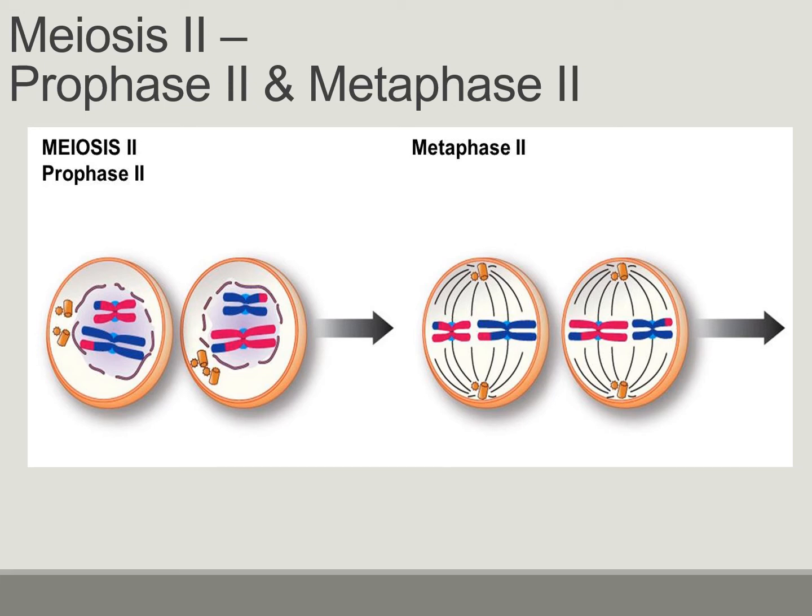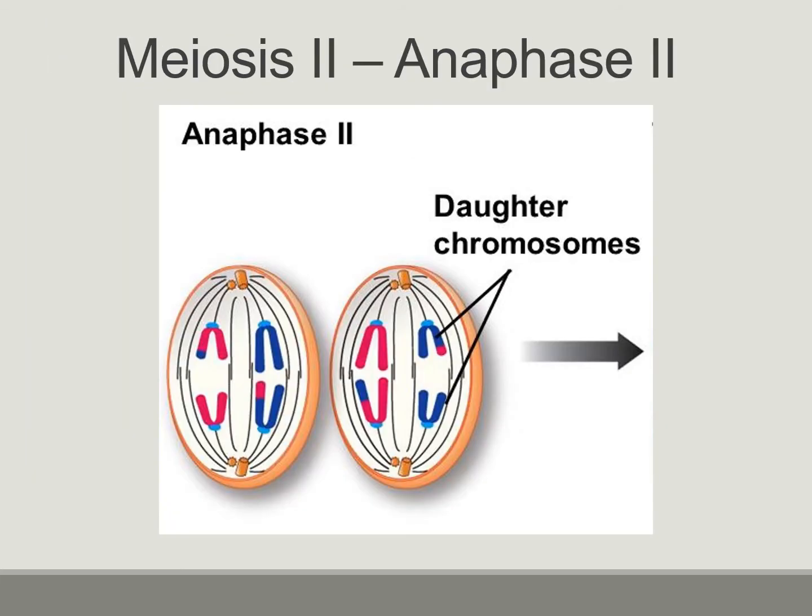Then, in metaphase II, chromosomes line up on the midplanes of the cells. During anaphase II, the sister chromatids separate and move to the opposite poles. Due to genetic crossing over, the chromosomes are not identical as they were in mitosis.